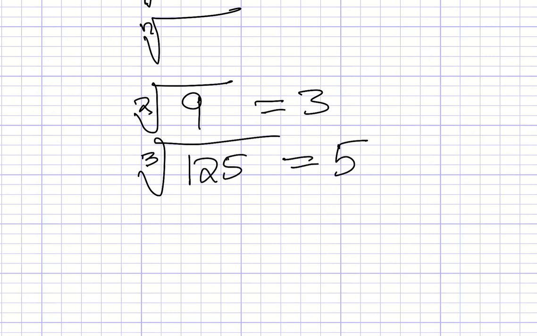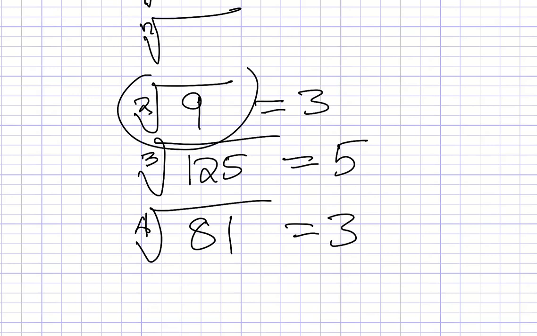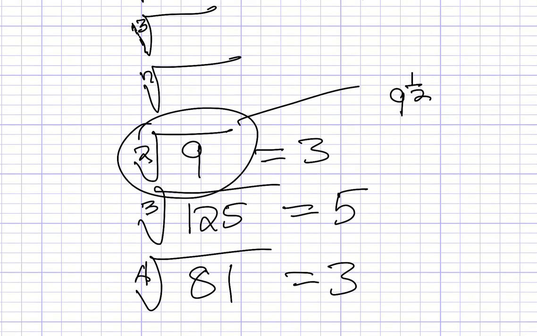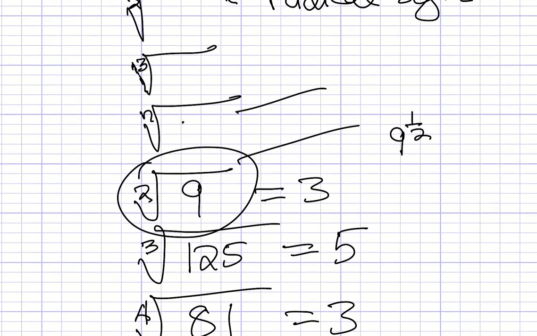If you do the fourth root and put 81 in there, you get 3. Okay. You can write the square root of 9 as 9 raised to power 1/2, right? And if you put x in there, you can write it as x raised to power 1/n.